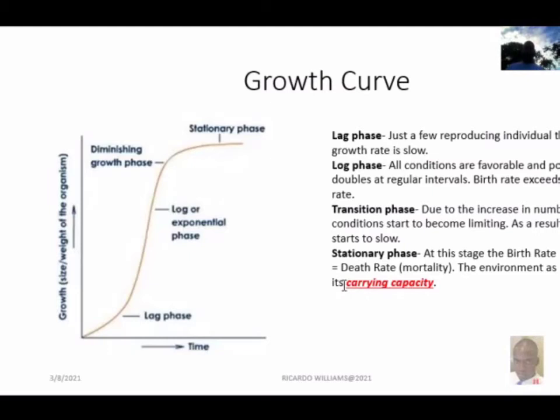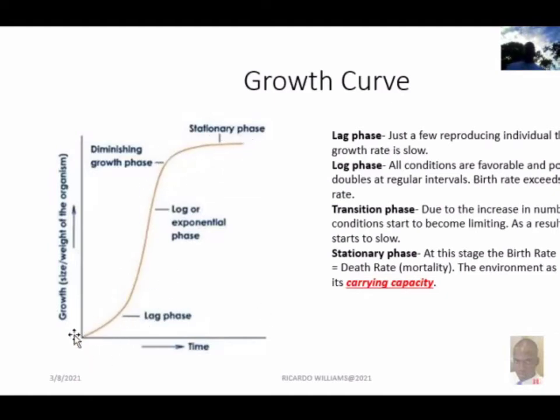We call that delicate balance the carrying capacity of the environment. Carrying capacity is the amount of individuals the environment can carry and provide with the adequate resources that they need. So that's the growth curve.